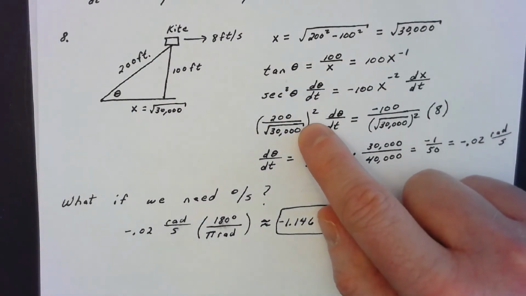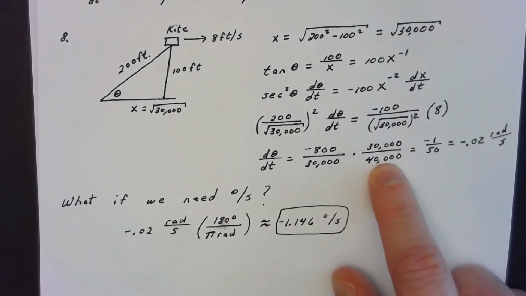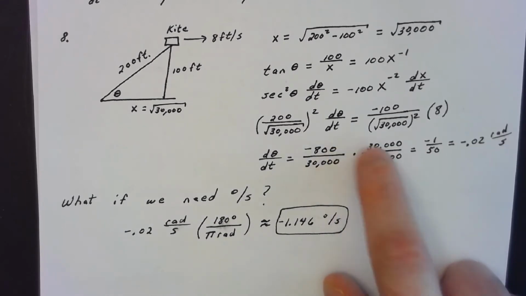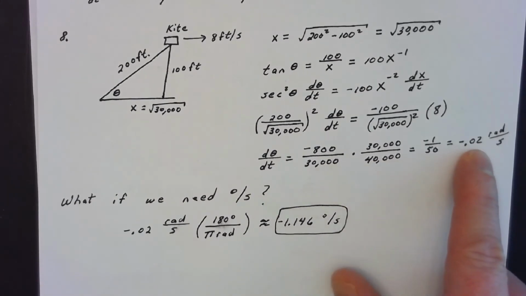So I know I'm going to have a 30,000 in the numerator. The denominator would be 200 quantity squared, which is where the 40,000 came from here. Then the 30,000s cancel. You'd have negative 800 divided by 40,000. That reduces to negative 1 over 50. Negative 1 over 50, same thing as negative 0.02.